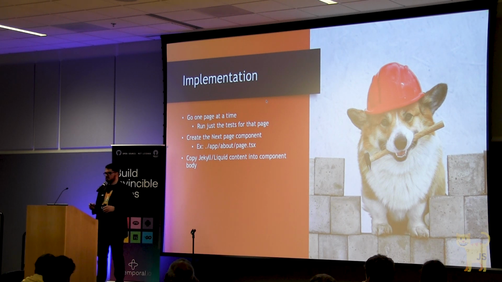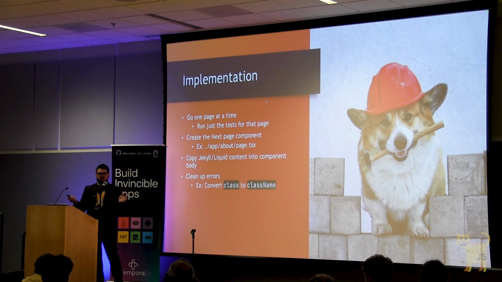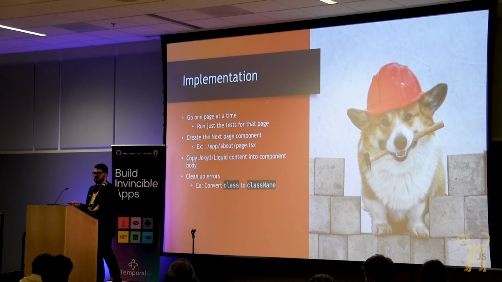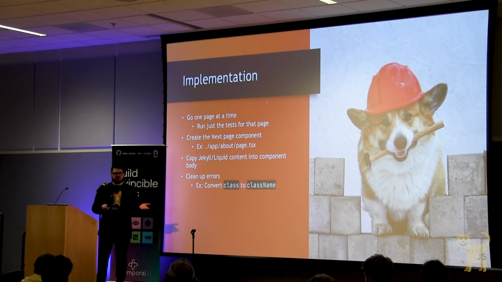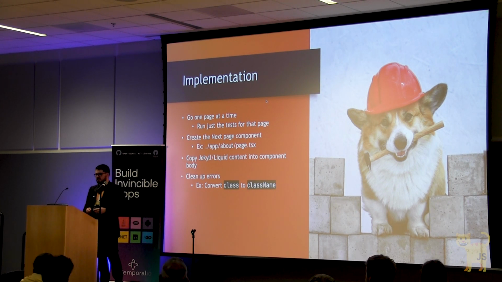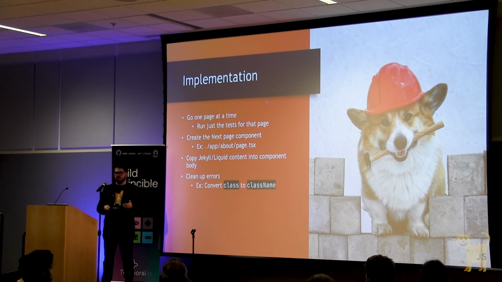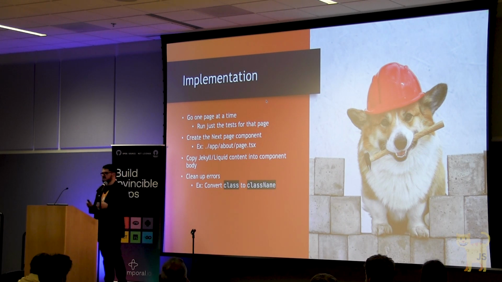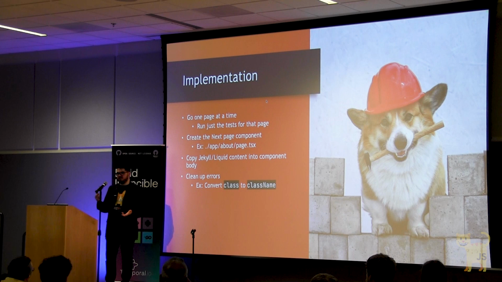That resulted in a whole bunch of compiler errors because, for example, class is not valid in a TSX file, so you have to rename all those to className, which you can do all at once. But there were lots of other little issues as well. Jekyll was not doing any syntax checking on the HTML content, whereas a TSX file is much more strict about making sure you close tags, for example, on a paragraph and things like that.